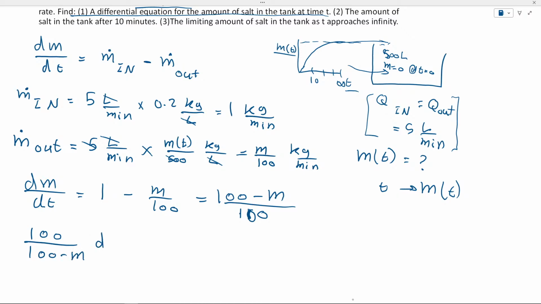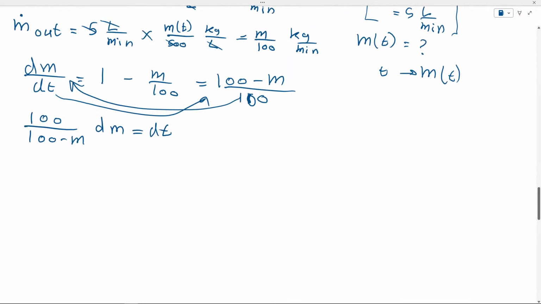I will bring this to this side, and I will bring dt to this side, so that dm is equal to dt. Can I do more arrangement? Yes, I can. I can say 1 over 100 minus m dm is equal to 1 over 100 dt.